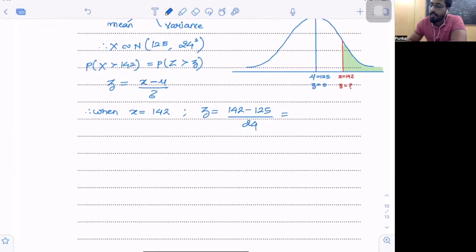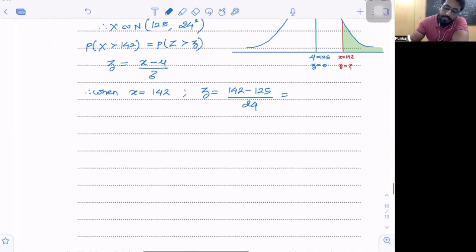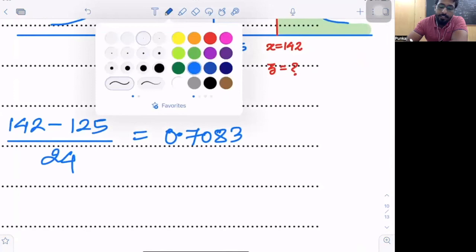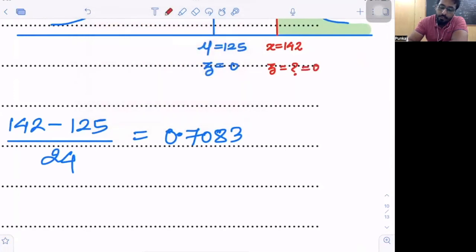Let's quickly get this value. It's going to be 142 minus 125, and that gets divided by 24. So that's 0.7083. That's the value of z. So I'm going to write here this z is going to be 0.7083.